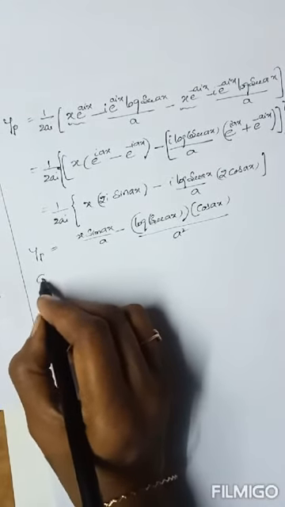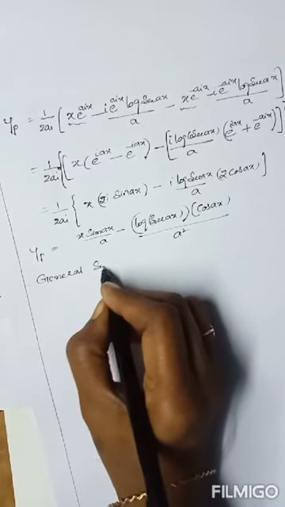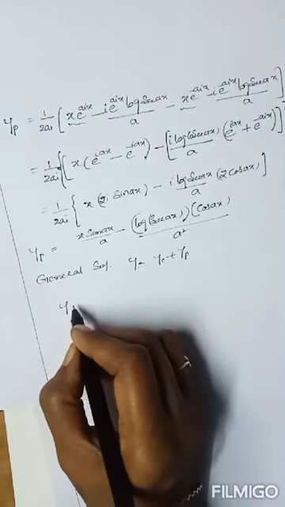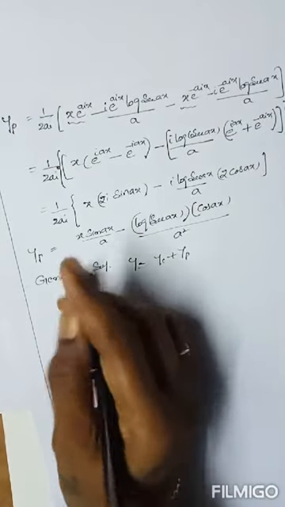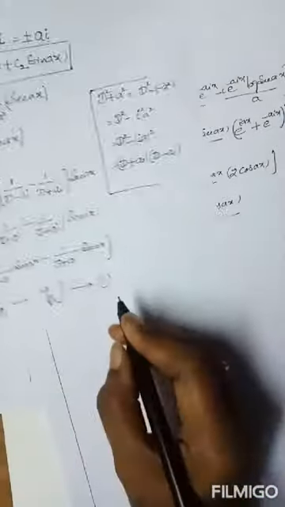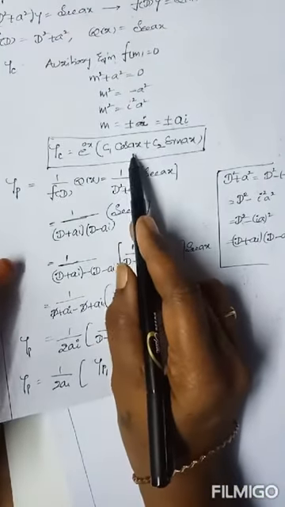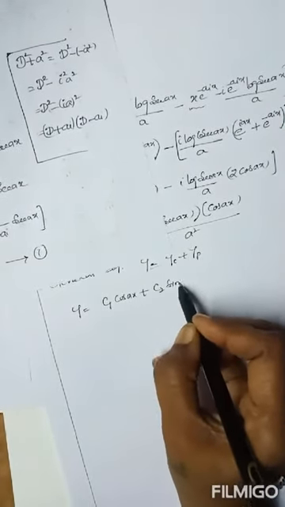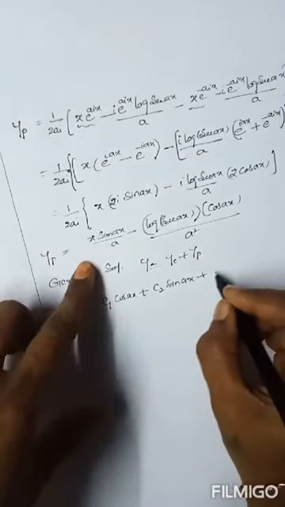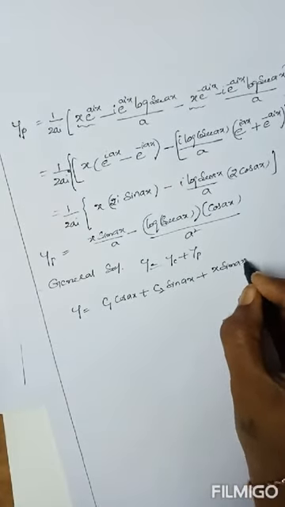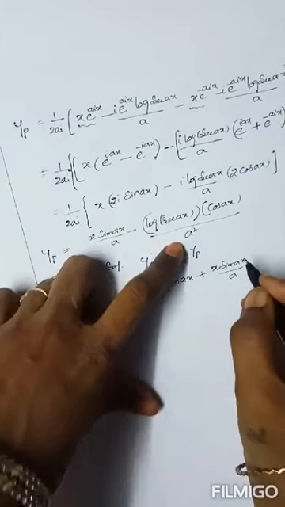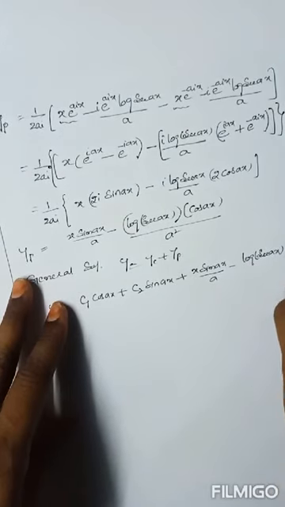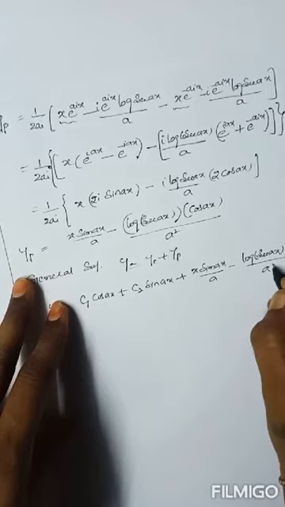Now the complete solution or general solution: y equal to yc plus yp. y equals to yc, which we cleared in the previous one, here it is c1 cos ax plus c2 sin ax, plus yp: x sin of ax by a, minus log of secant of ax cos ax by a square.